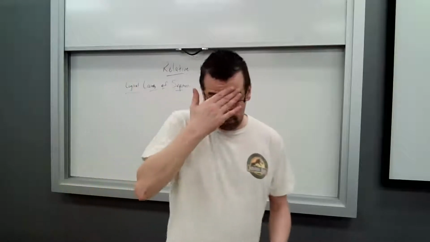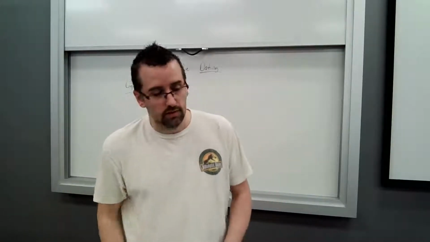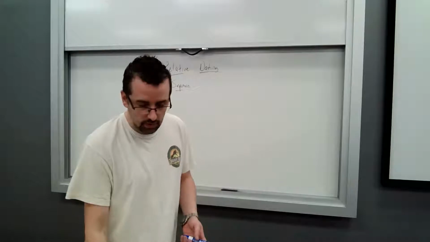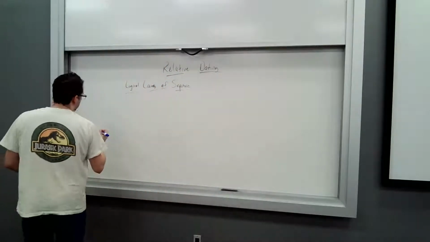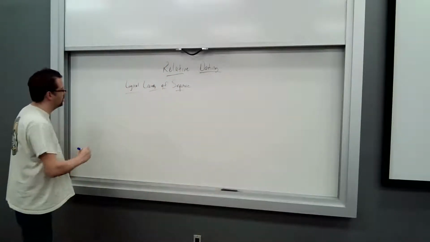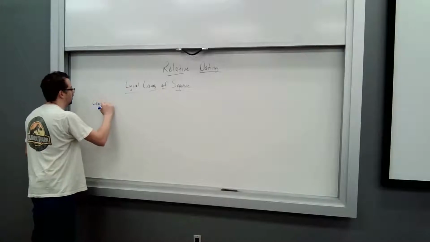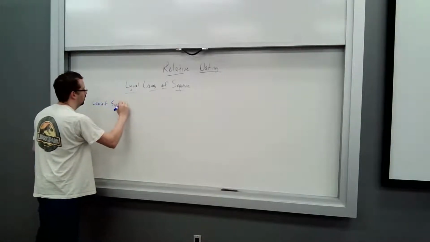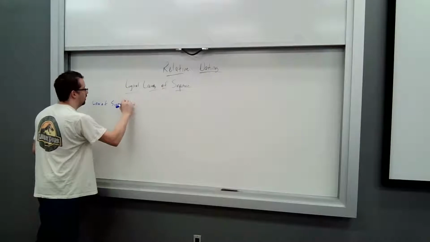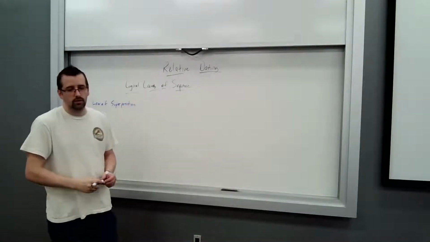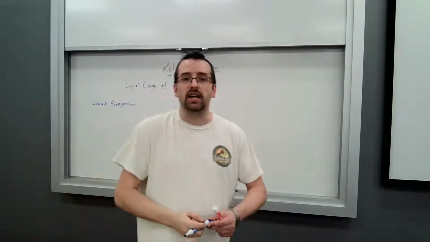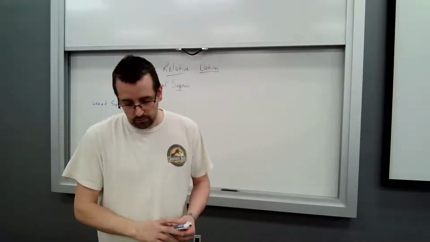So what are these? Well, there are a few, and we're going to take them one at a time. The law of superposition. This is on page 90 in your lab manual, by the way.